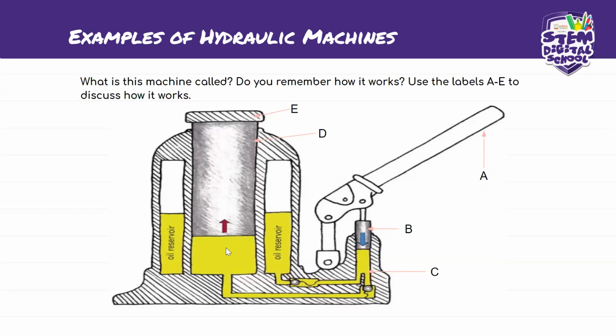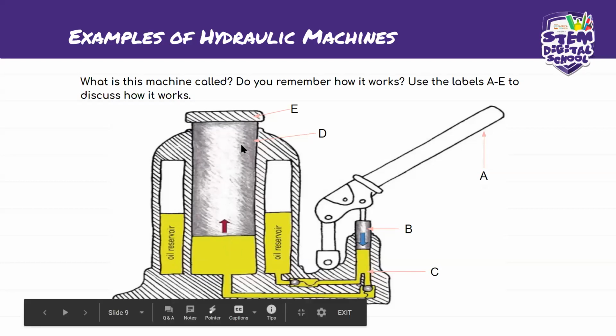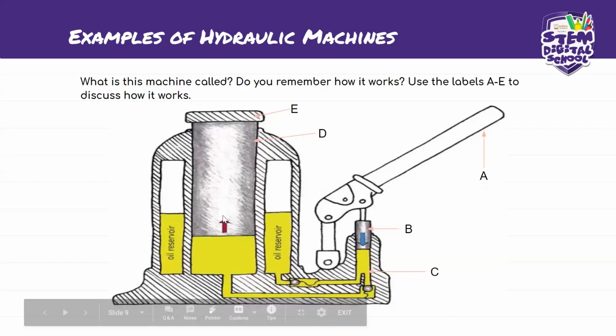And this is D. D is the output cylinder. Then this oil, because we said you cannot compress oil, when you pump it, will move and lift this output cylinder. What is E? I have told you what E is when we were discussing that hydraulic press. E will be touching the car, where the load goes.